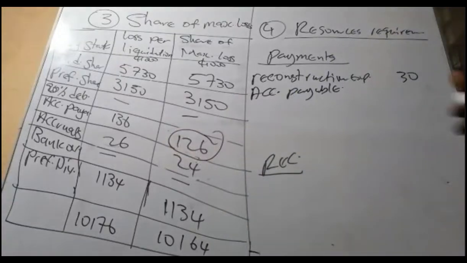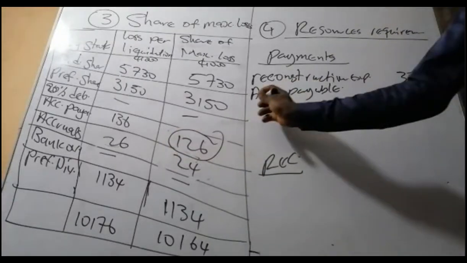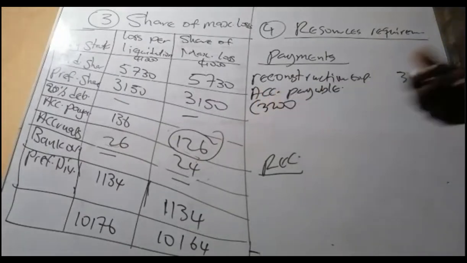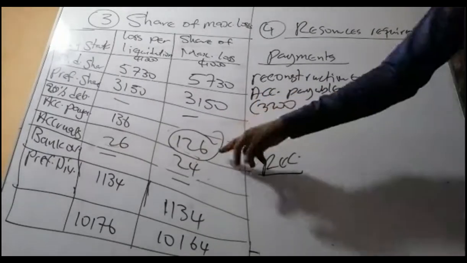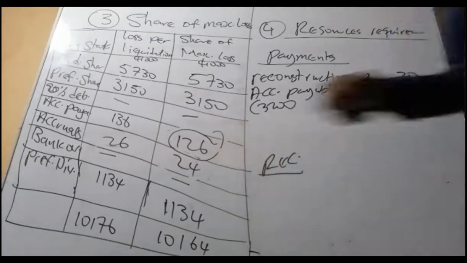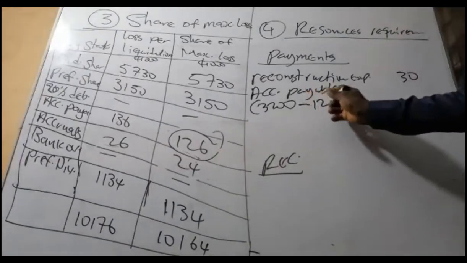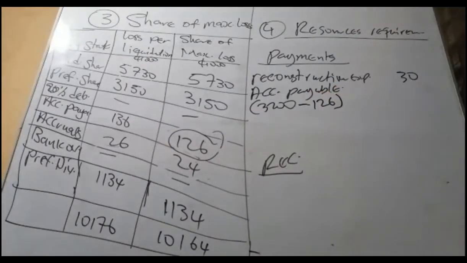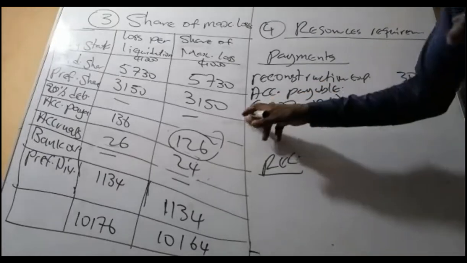So you pay them the remaining balance, because their position is 3,200 and they are losing 126 upon your scheme. Whatever remains will be paid immediately. So 3,200 less the 126 leaves 3,074. Perfect. Then let's go to the accruals.